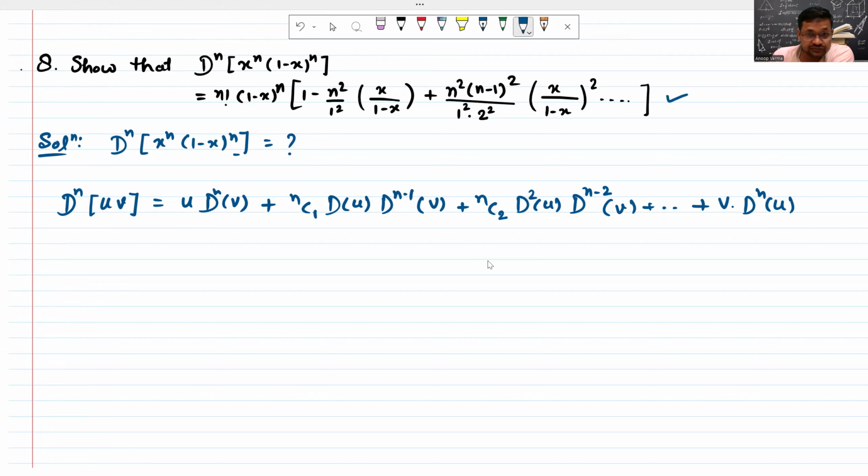Okay, so to get this expression, we will have to think a little bit. ये expression, because in the last they are tending to infinity. So here we will just take u as this function and v as this function. Okay, then you will get this expression easily.